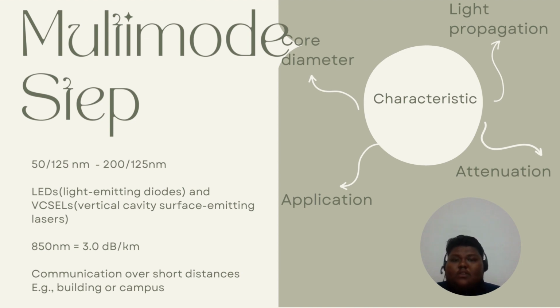Light propagation uses LED, light emitting diode, and VCSEL, which is vertical cavity surface emitting laser. Attenuation, using wavelength 850 nanometer, is usually 3.0 dB per kilometer, and it is applied in communication over short distances, for example a building or campus.